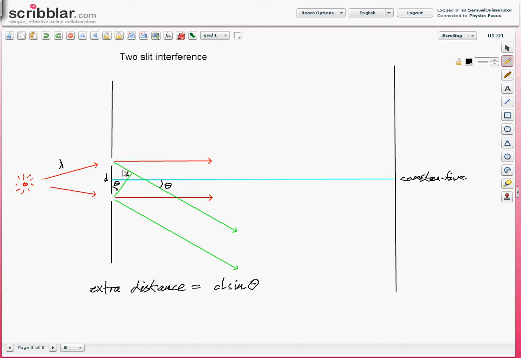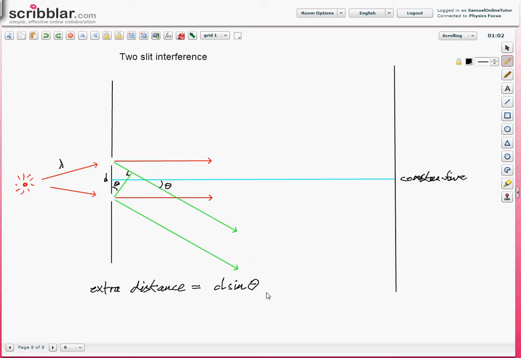Now, if this extra distance happens to be equal to half a wavelength, then this line here will be completely out of phase with this one when it arrives, and we will get destructive interference.